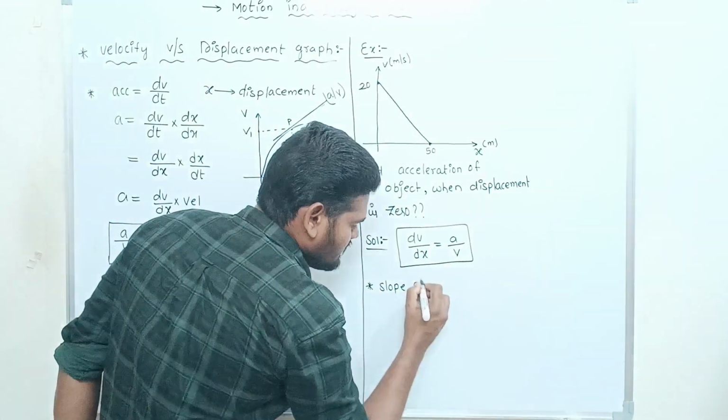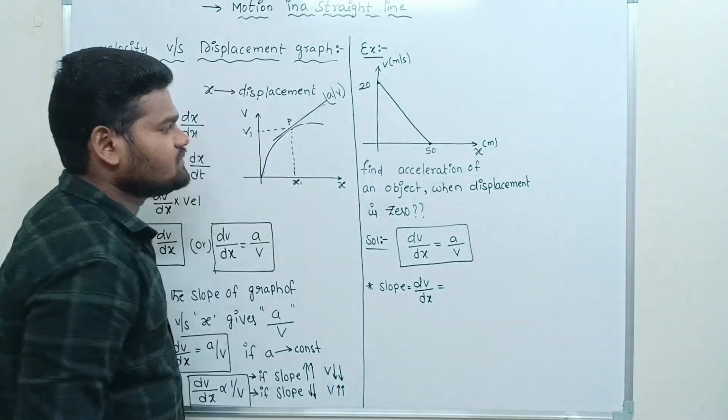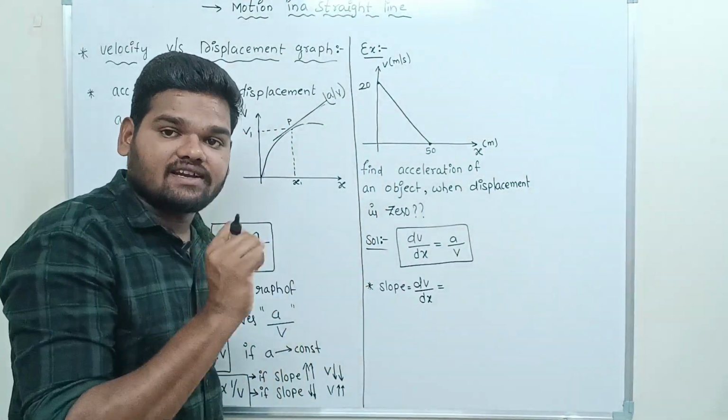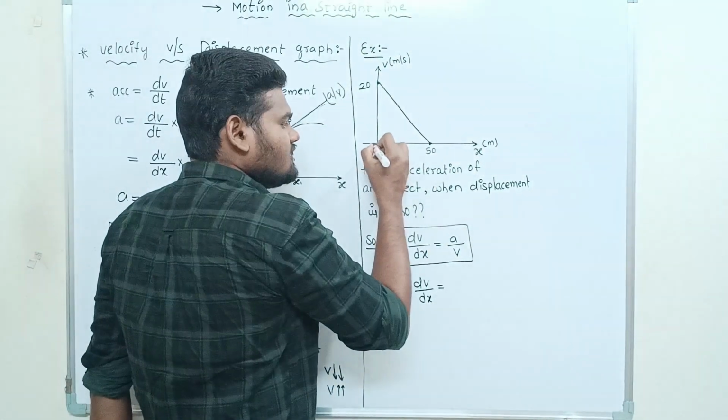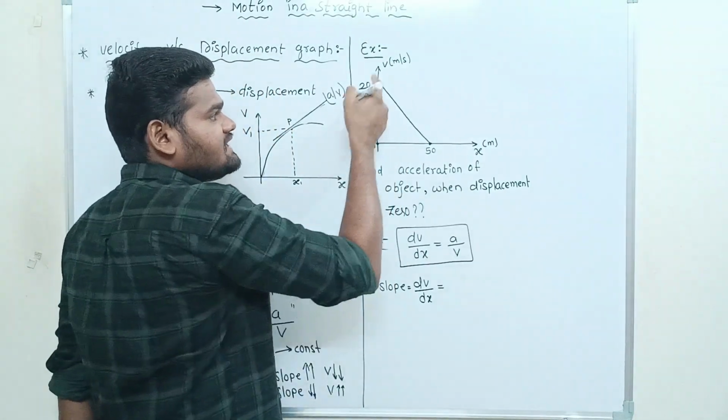What is slope? Slope is equal to dv by dx. One thing is clear from this graph: this is the origin, so the initial position of the object is at this point.